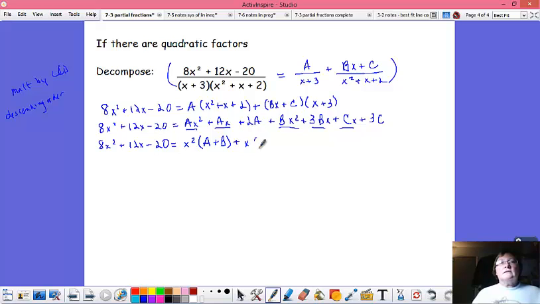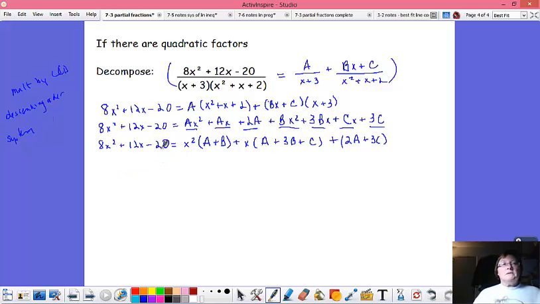So x goes with A plus 3B plus C, and then we have 2 constant terms, so it's going to be 2A, we kind of leave those alone, plus 3C, but both of those I'm going to put in a parenthesis because that's going to be our constant. Now we write the system and solve it.